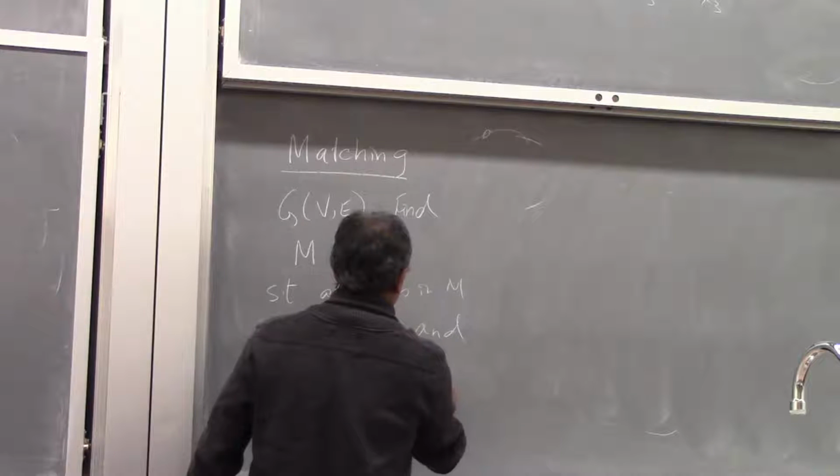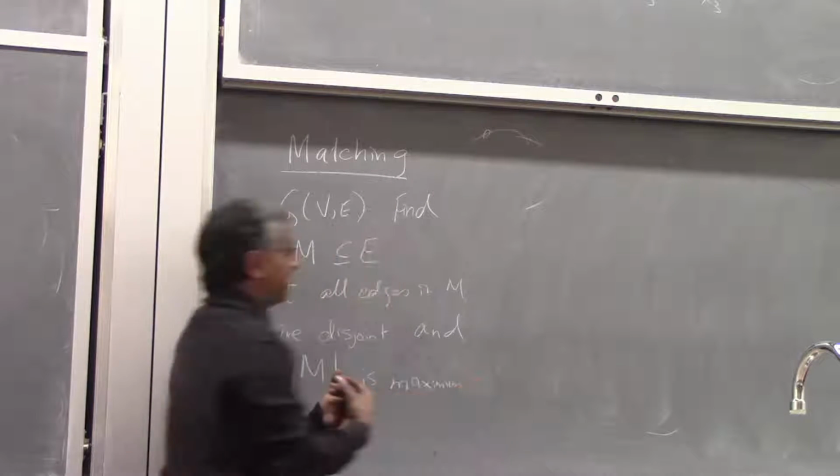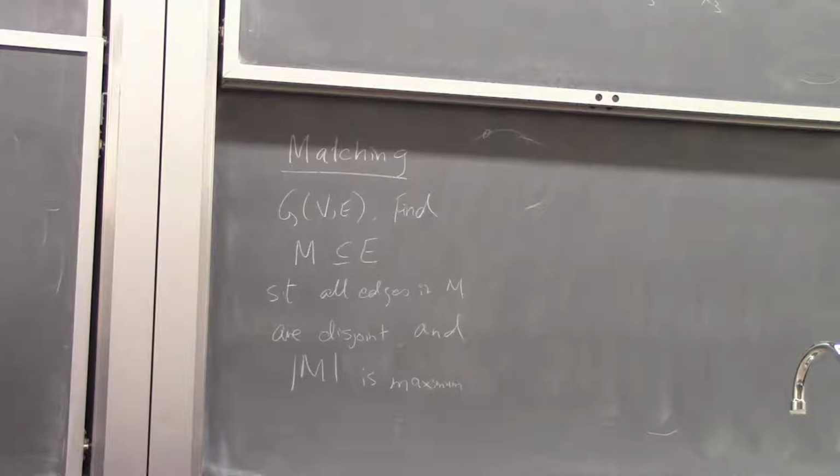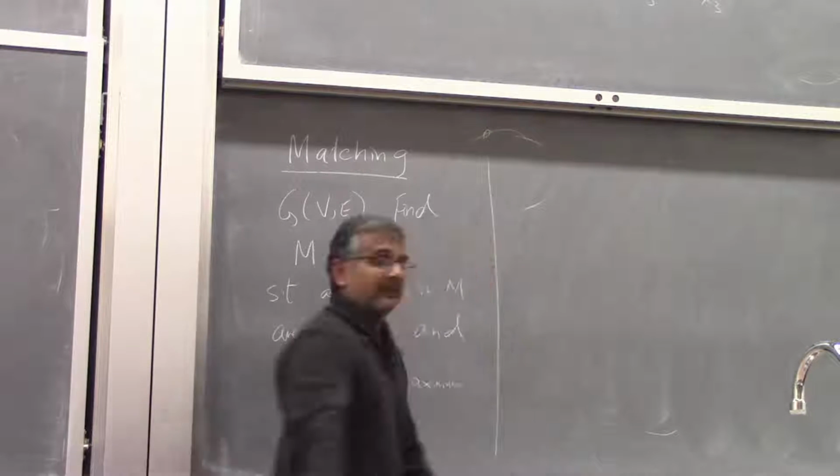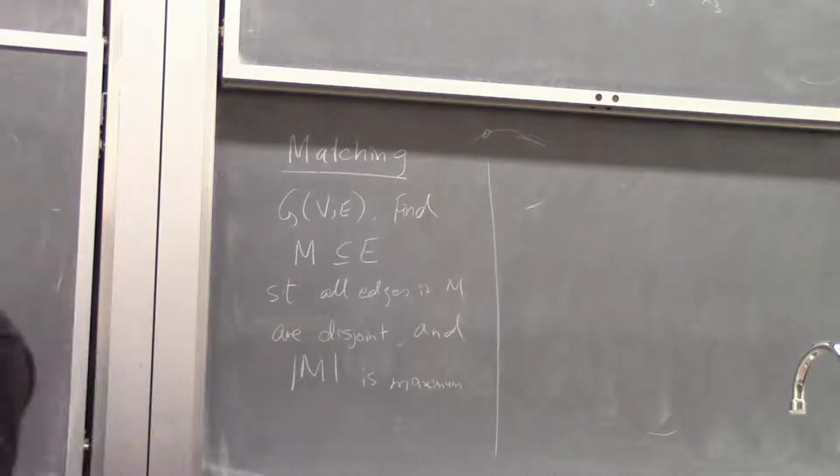Right? Maximum matching is to find a collection of edges that don't overlap and that is maximum. Okay? All right. Write an LP for this, or IP for this. Go.